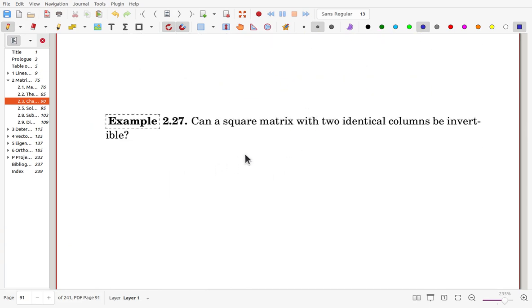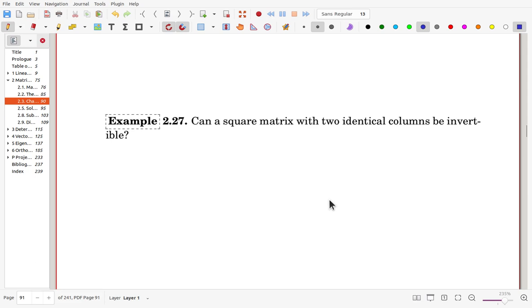Can a square matrix with 2 identical columns be invertible? No, because once 2 identical columns are there, they are not linearly independent.